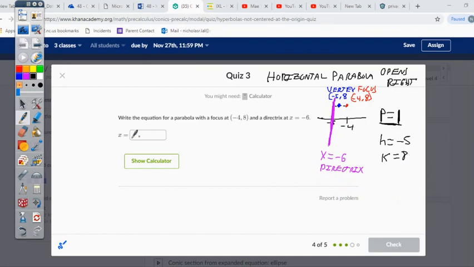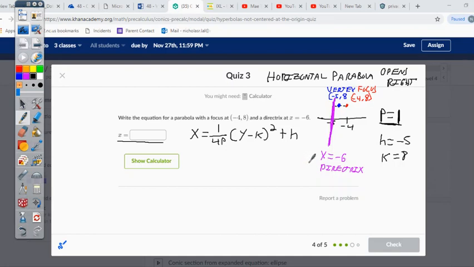We look at the form of the horizontal parabola, which is x is equal to 1 over 4p times y minus k squared plus h.